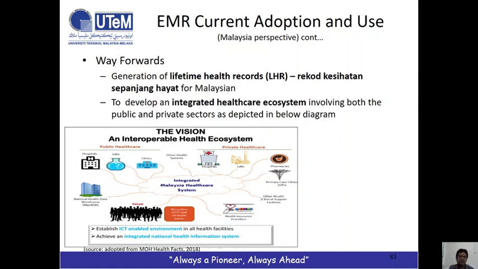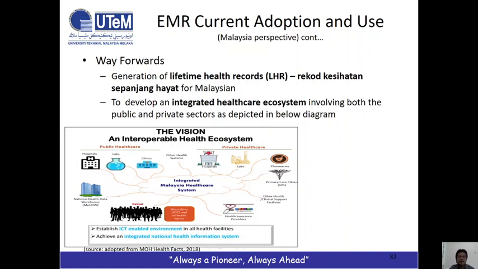where this lifetime health record, or EHR, can be used to generate prospective or promotional healthcare information, so that the record can be used for wellness programs and so on.